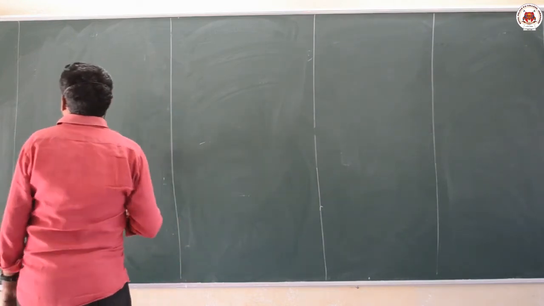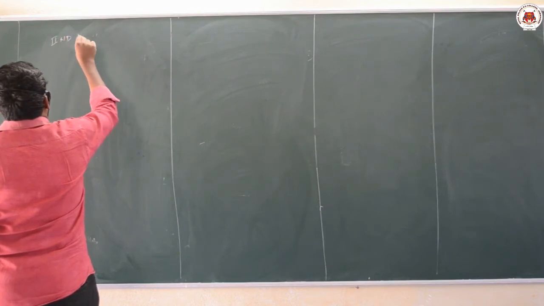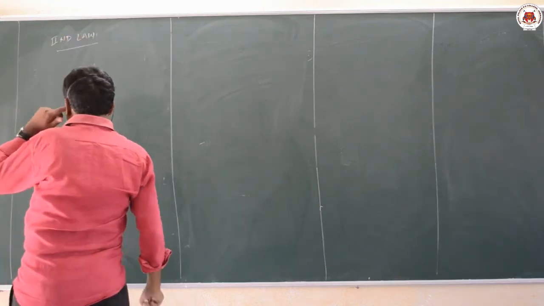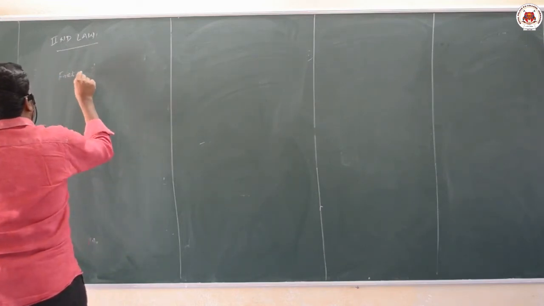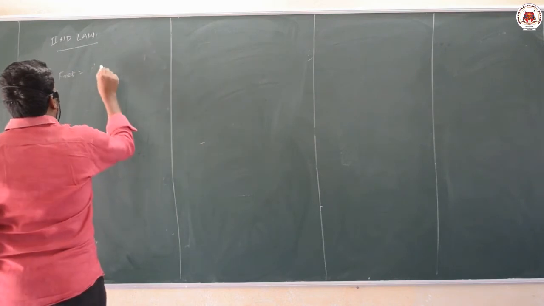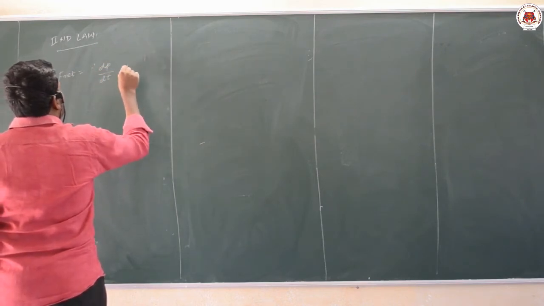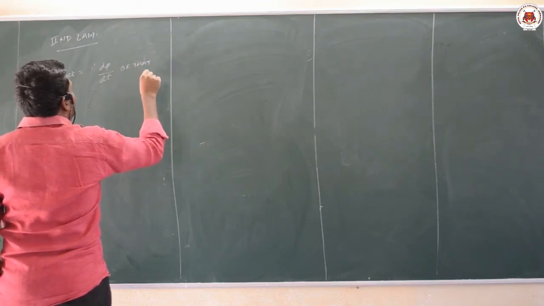Newton's second law. Newton's second law states that the net force acting on a body is equal to rate of change of momentum of that body. See, what is momentum?